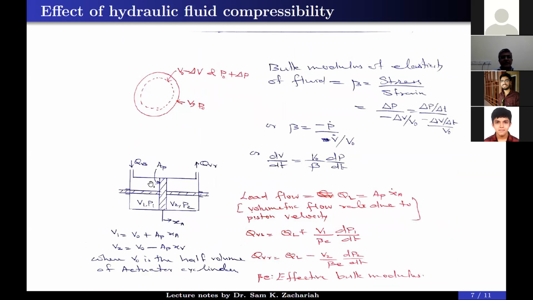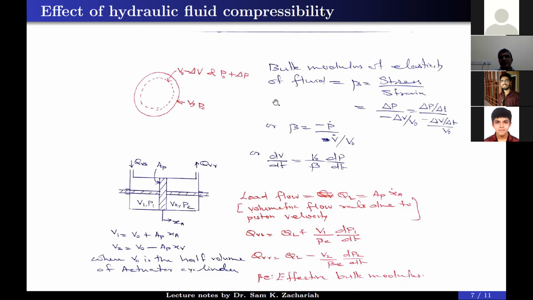That's why we are considering the compressibility dynamics inside the actuator chamber. In the servo valve equation, we assume that the fluid is incompressible. That's okay to correlate the flow pressure equation, upstream and downstream, but that assumption we will not apply to the actuator chamber. At the servo valve only will we apply it. Here we assume that the fluid is compressible, because that is not insignificant. How can we account for the compressibility?